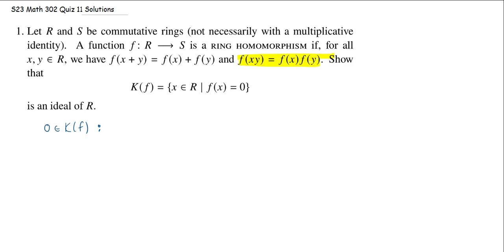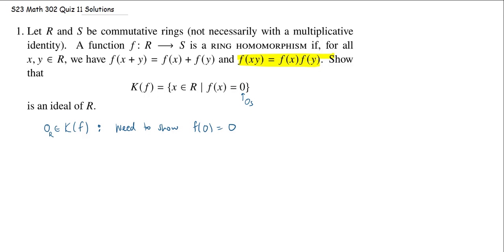Note that this 0 is the 0 in the ring R, whereas this 0, because it's an f image, is the 0 in S. So we need to show that f of 0 is equal to 0.